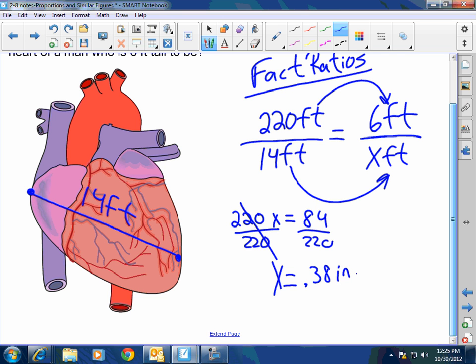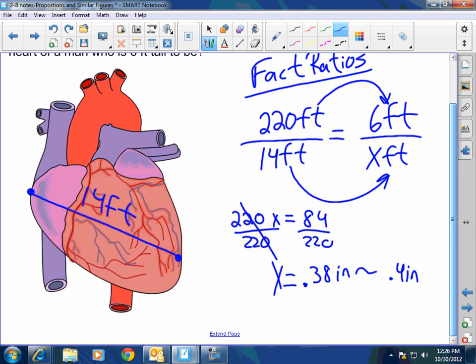You could put roughly 0.4 because I think they tell you to round it to the nearest tenths. Okay? Does that make sense? Sir? In this case, you cannot leave it in fraction form, sir, because 84 over 220 is very hard for me to understand. But if I say 0.38 or 0.4, a lot easier.